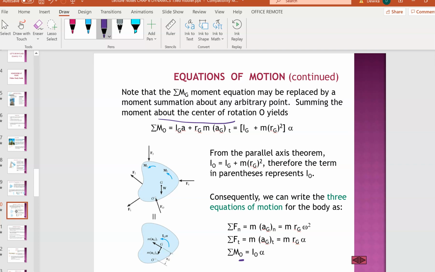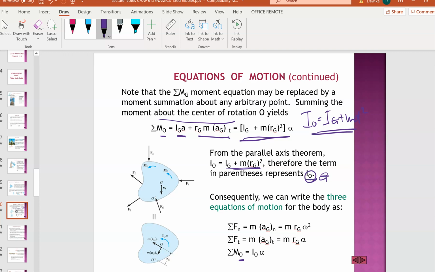I_O equals I_G plus m d squared, from the previous chapter. So in this case, it is not at point G, not at the mass center, but at point O, shifted.